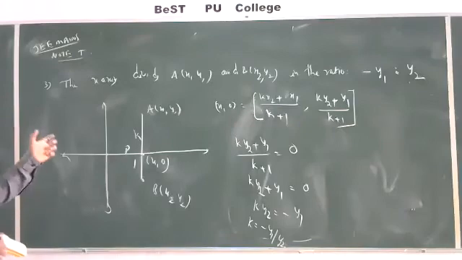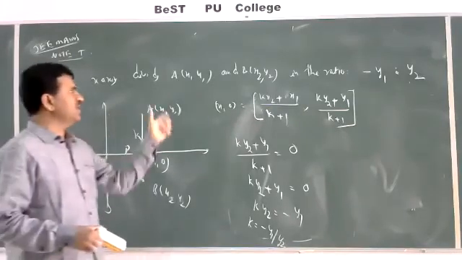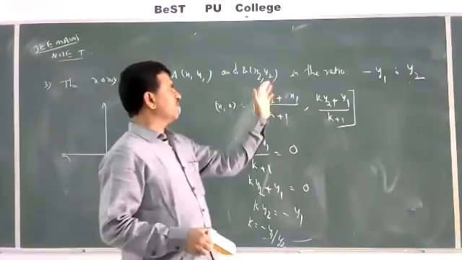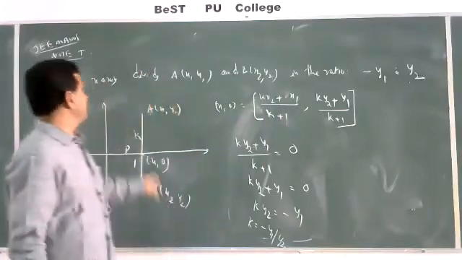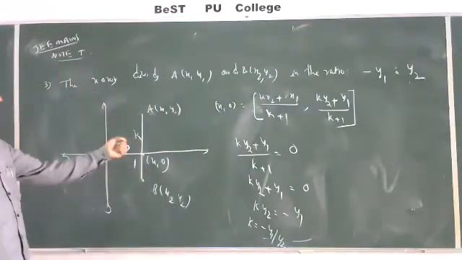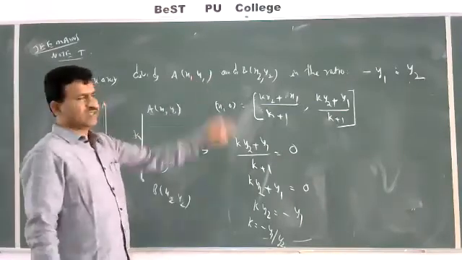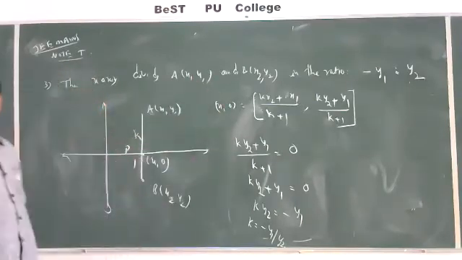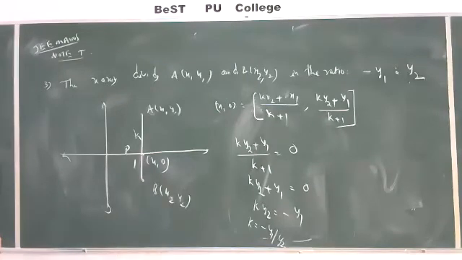The x-axis divides A and B in the ratio of minus y1 is to y2. Very useful shortcut. Just within 5 seconds you can answer it. Many times it is given as a question in your case set.